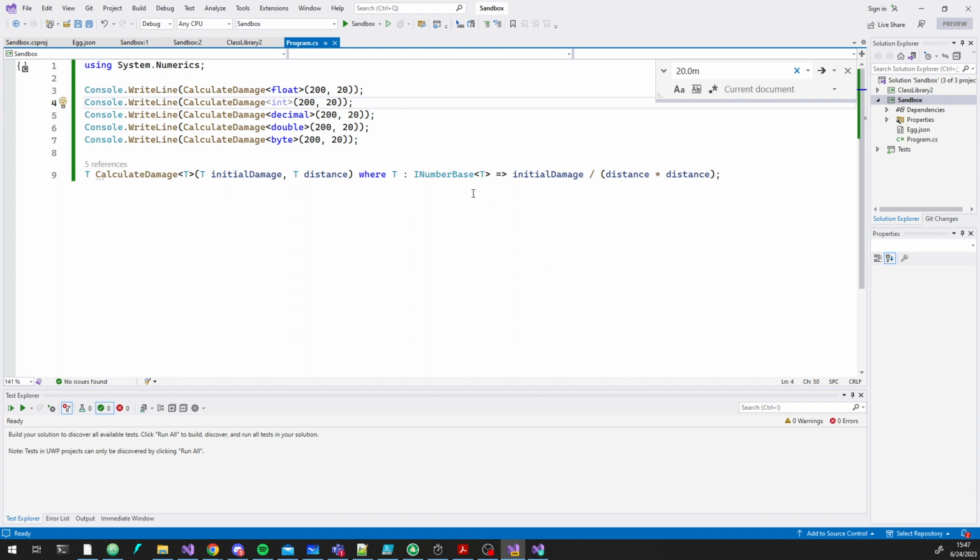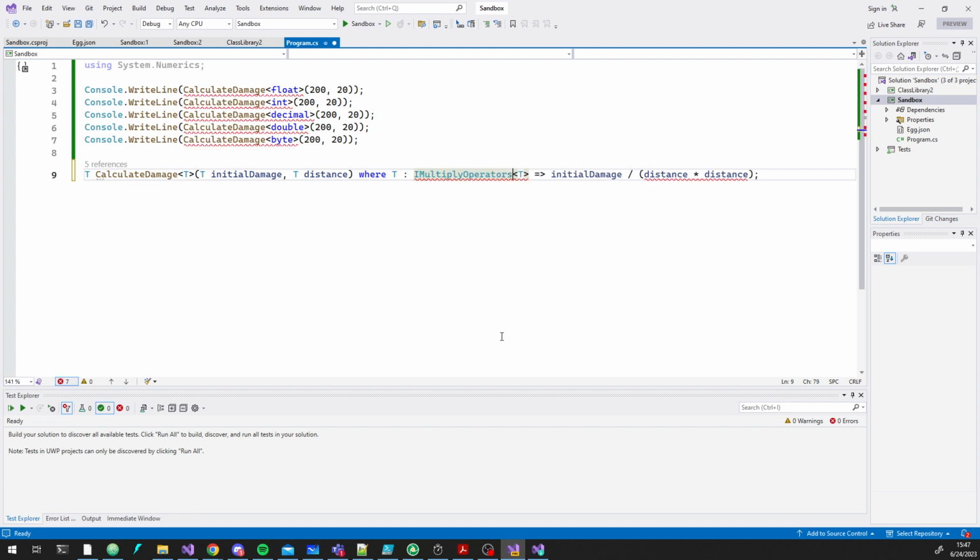Oh, the other thing I was going to say is I use INumberBase. You could use INumber. And you could also use the specific thing. You say IMultiplyOperators, or is it multiplication operators?